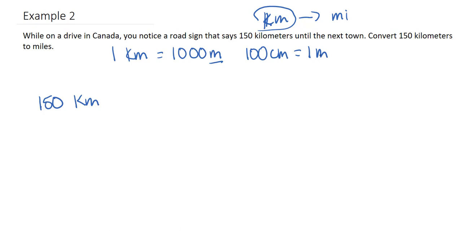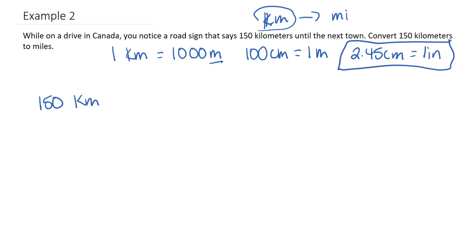And why did I go to centimeters? The reason, and this is something you really should know, is that 2.54 centimeters is equal to 1 inch. This is our way to go from the metric system to our SI units. This is probably one of the most important conversion rates to know.